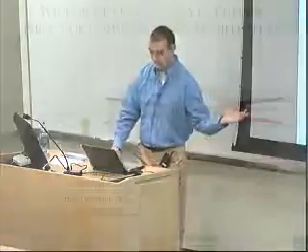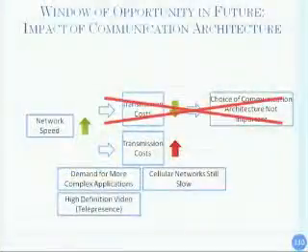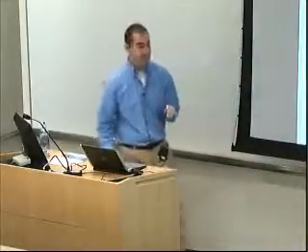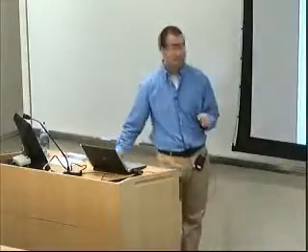Okay? And cellular networks are still slow, and they're not getting that much faster anytime soon. And there are many reasons. One of them is power consumption, because faster network connections drain more power. So I believe that the choice of a communication architecture will stay important.